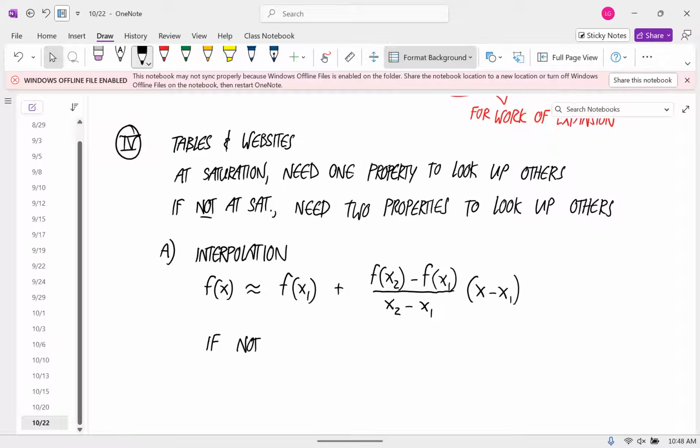If you're not at saturation, you need to do this 3 times. So let's say 3 applications are needed. I'm not emphasizing this anymore in this class. So that's a historical fact for you.